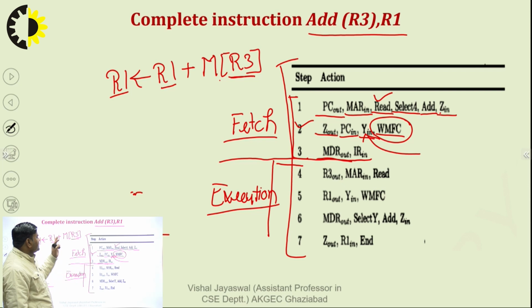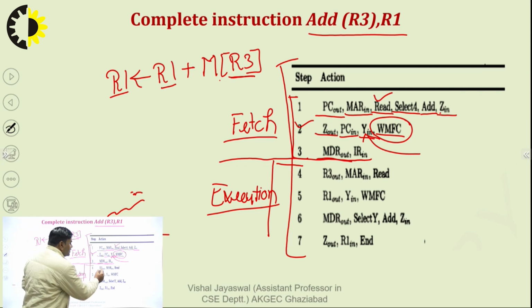After that, we see what execution we have to perform. We have to perform R1 gets R1 plus M of R3. This means we have to go to the main memory to fetch the content corresponding to the R3 register, then add it into the R1 register and place the final content in the R1 register.